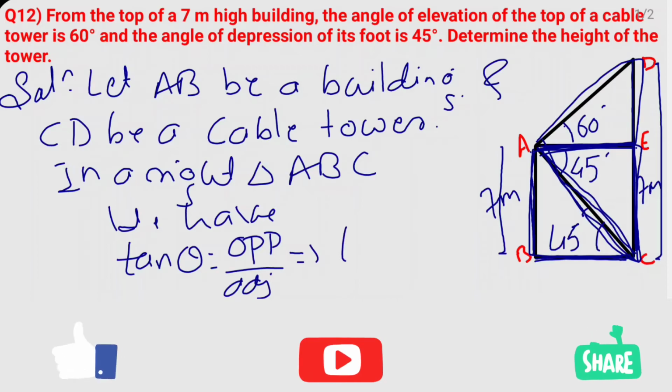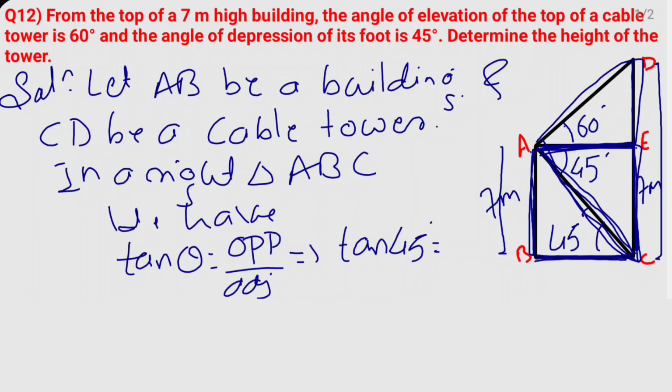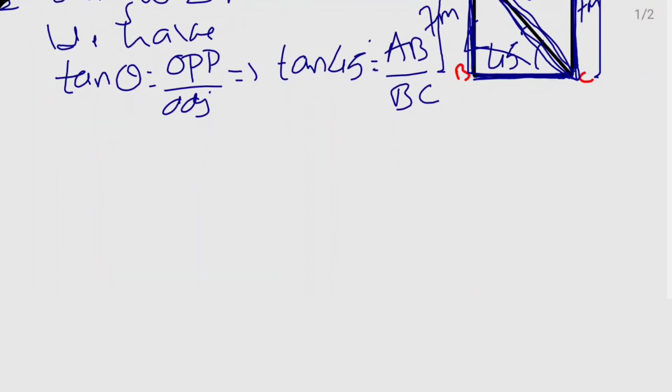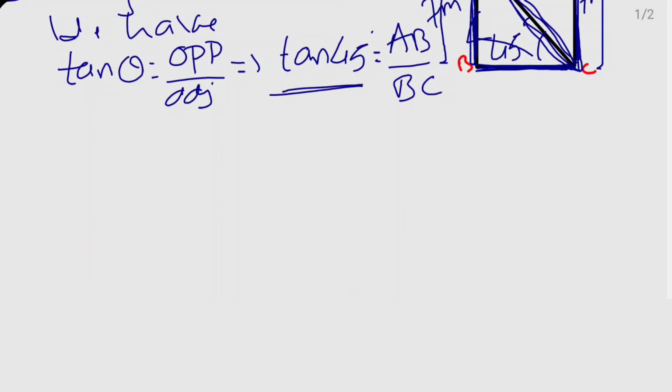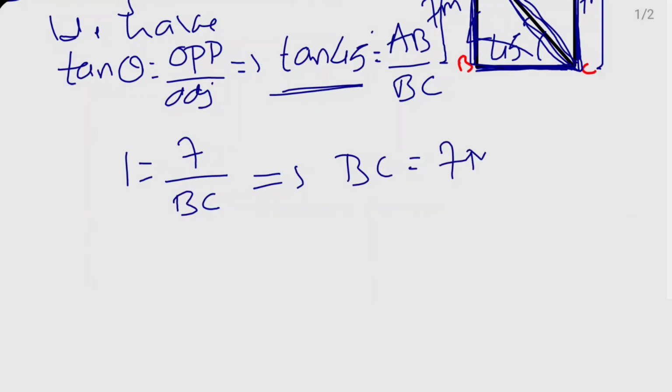So tan 45 equal to opposite is AB divided by adjacent is BC. So now here we know that the tan 45 value, that is 1, equal to AB is 7 meter, they only given, and BC we don't know, keep as it is. BC equal to 7 meter.